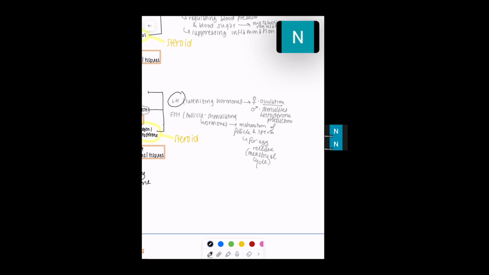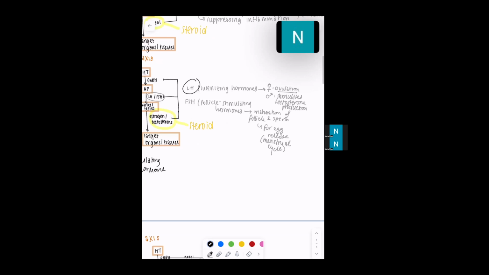And ovulation coincides with a rapid surge of LH levels in the body. And so this important relationship between LH and FSH and other hormones that we'll talk about shortly is something that we'll cover in a later video, but just wanted to give a brief overview.